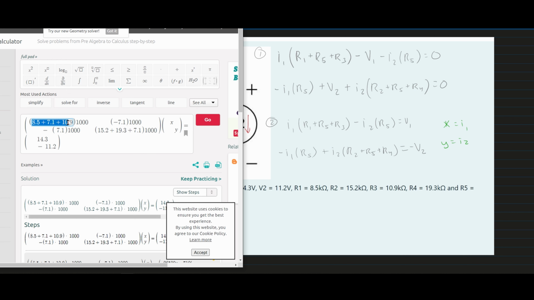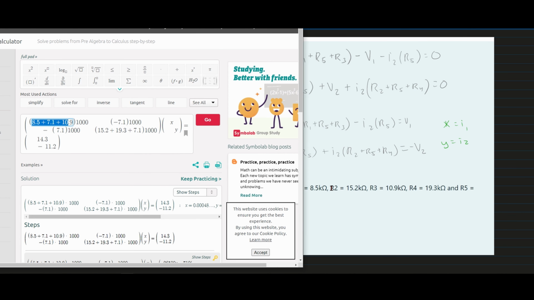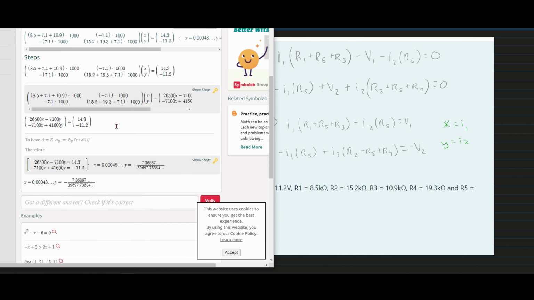We have 8.5, which is our R1, 7.1, which is our R5, I believe, and 10.9, which is our R3, and it's being multiplied by 1,000 for each of these because we're working with kilo ohms. Once we plug everything in, this is set equal to the voltages, V1 over V2, and negative V2, and we can scroll down here, and this is going to be the answer.